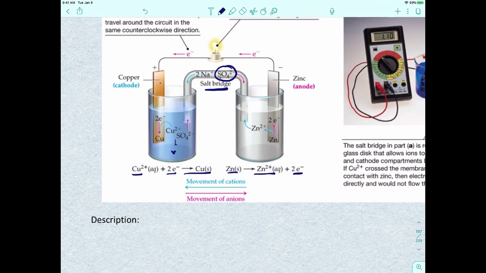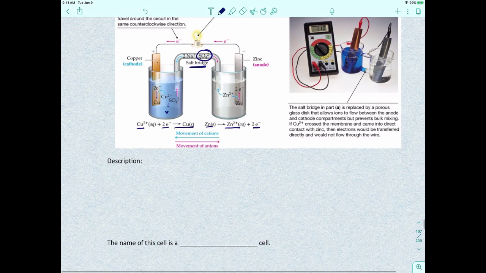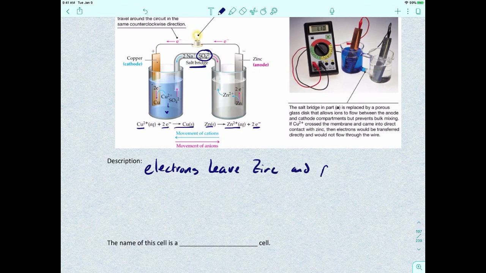And so we've got movement between the electrons going from the anode to the cathode, but we've also got anions moving around as well. What's going on is that the electrons leave zinc and produce zinc 2+. Let me write that a little bit better. Zinc 2+.